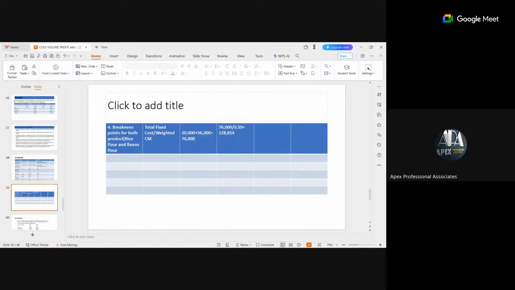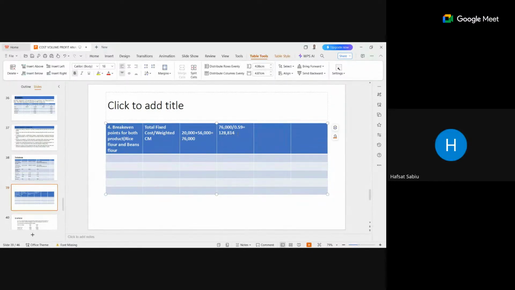So now, if the break-even point is in kg, what is the percentage of rice in this kg? Who can help me out? What is the proportion of rice here? 60% of 128,814.